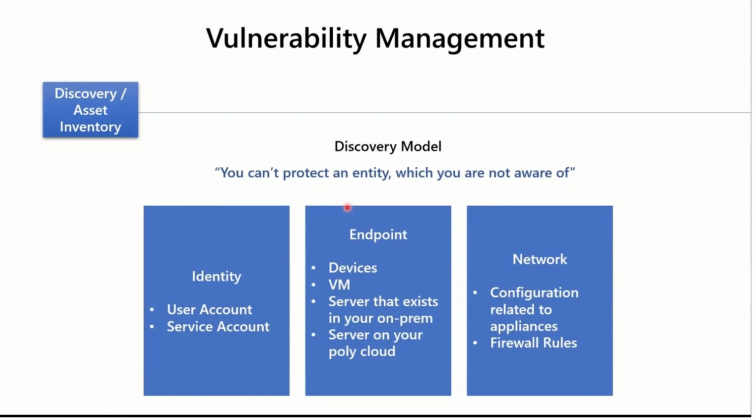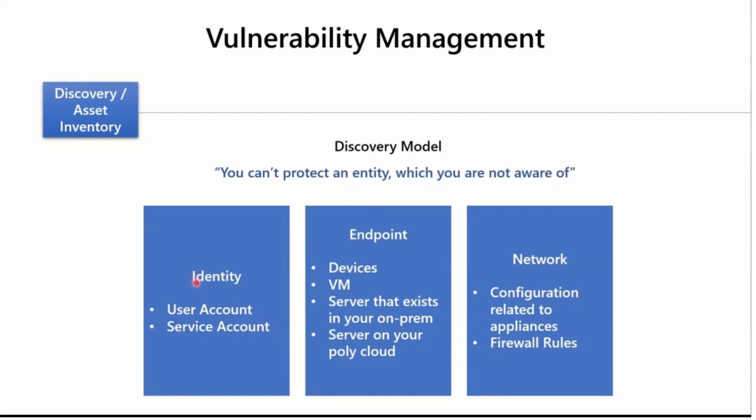There should be an asset inventory management tool that can maintain the record of all the identities, all the user accounts, all the services they are using, based on their grade and the privileges allowed to them. So you have to maintain that identity list, all the records of the users.